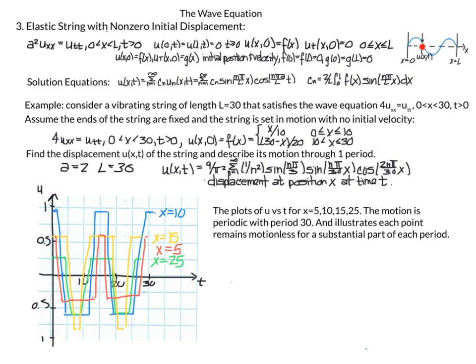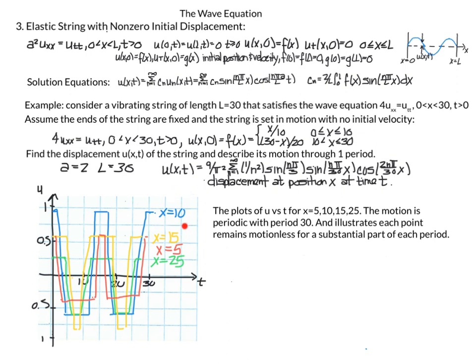So this point along the string, a third of the way through at x equals 10, spends a lot of time down here at negative 0.6, did I say? And it spends some amount of time over here at 0.8.